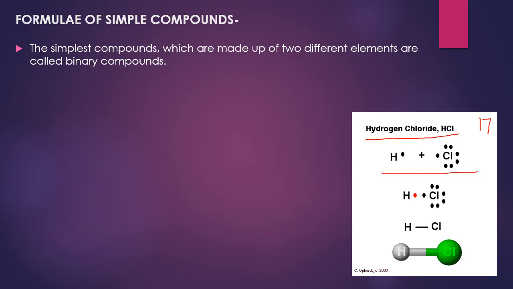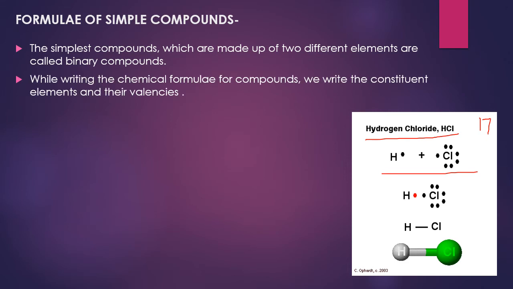This one electron of hydrogen is extra, whether it will give or take. And chlorine needs one electron to complete its last orbit. So hydrogen will give and chlorine will accept. So here one bond is formed and hydrogen chloride is formed. This was the formation of hydrogen chloride.